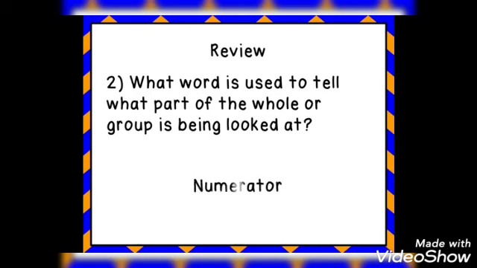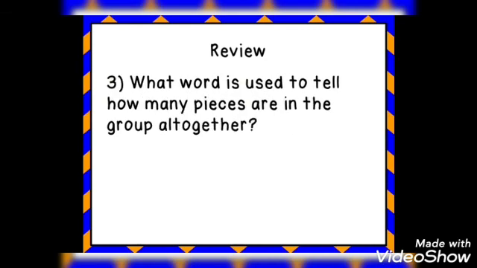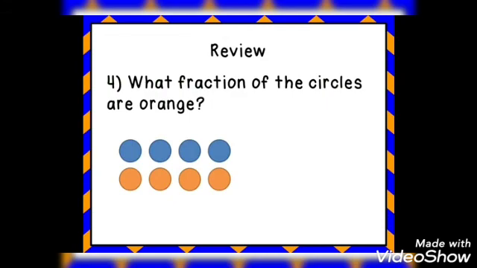So which word is that? It is numerator. Then question number 3, what word is used to tell how many pieces are there in the group all together? So we know that the denominator tells us, sorry, I gave you the answer. Denominator tells us the whole is divided into how many parts.